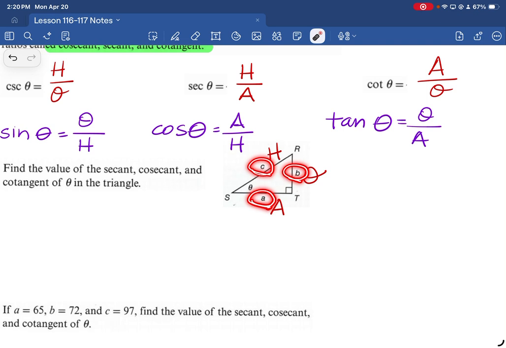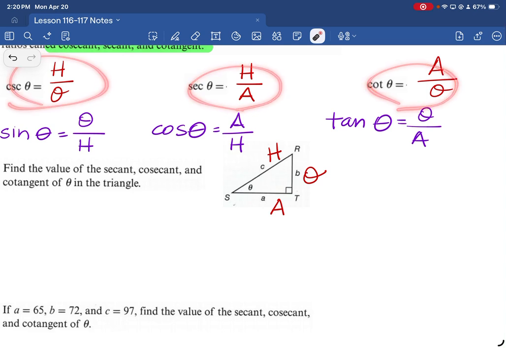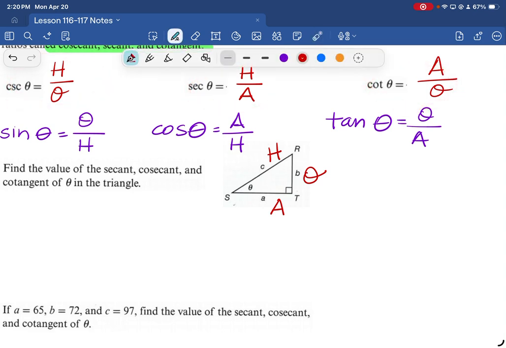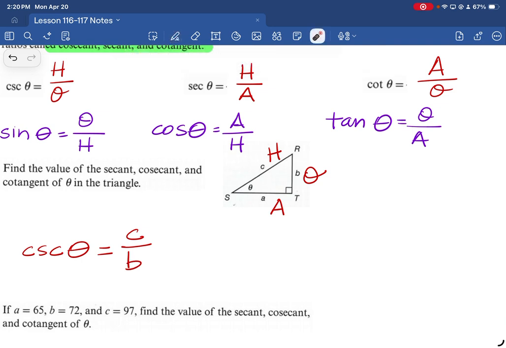All right, so we're going to go in these orders so we can keep our notes consistent. I want you to write cosecant theta, and we already agreed that that would be hypotenuse over opposite, so H over O. Tell me the letters that go with that. C over B, because we have H over O. Good job.